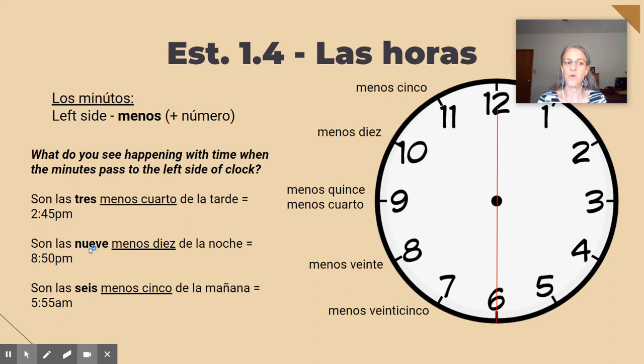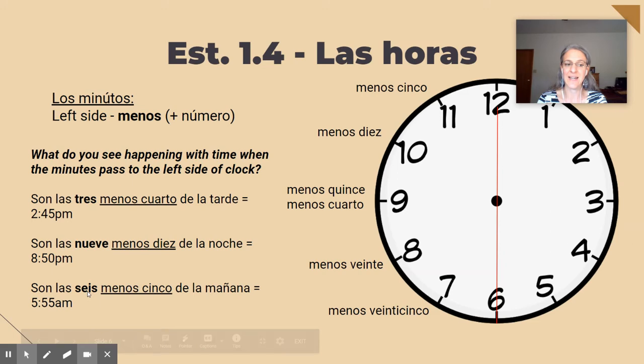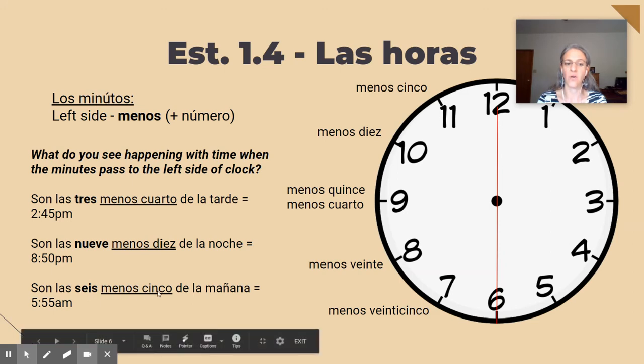Son las 9 menos 10 de la noche. Okay, and a last one to take a look at and see if you can figure this out. What's happening for 5:55 in the morning? We would say son las 6 menos 5 de la mañana.